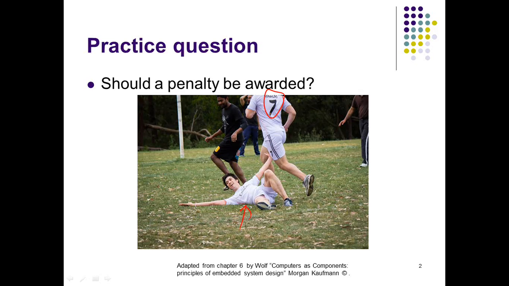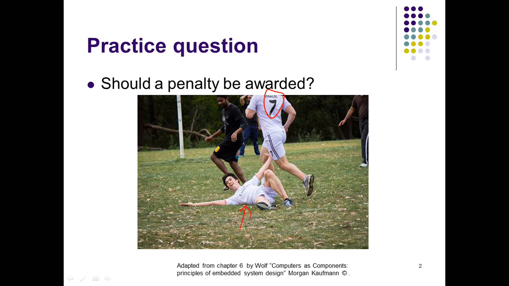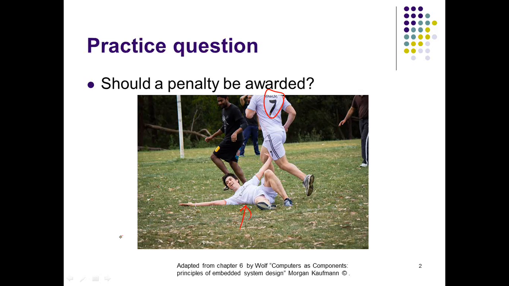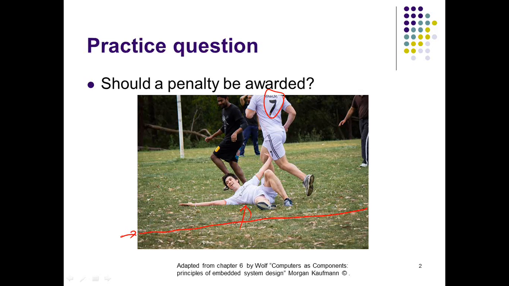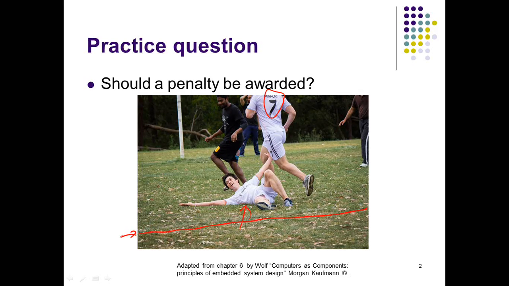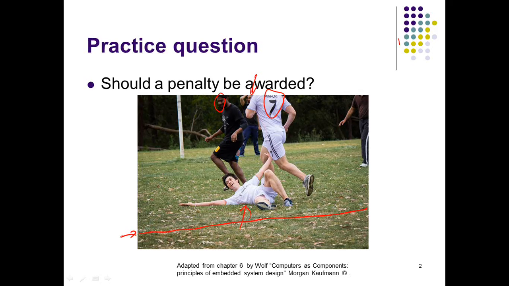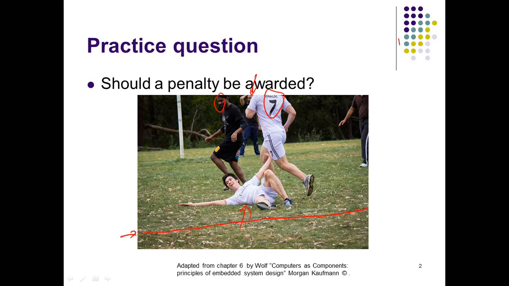Before you make your decisions on whether a penalty should be awarded, you should be aware, you might be able to see, but maybe not, there is a white line there. That's the box, so you can see the foul occurred within the box. You may want to look at the guilty look on that person's face, and the look of disbelief on this guy's face in the background about what is going on. So, hands up who thinks a penalty should be awarded. You guys are as bad as the rest.